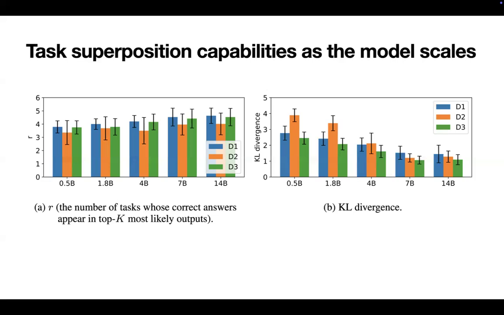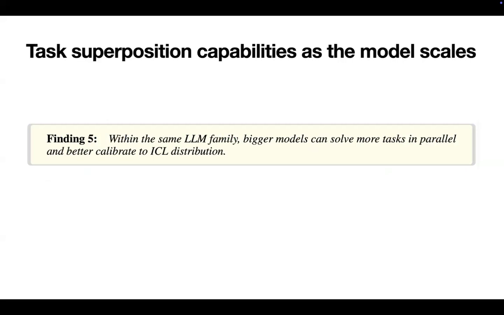And on the right side, we can see that as the model scales, the KL divergence, the discrepancy between the in-context task distribution and the output distribution, decreases. So that's the indication that, under the same LLM family, the bigger model can solve more tasks in parallel and better calibrate its output distribution to the ICL distribution.